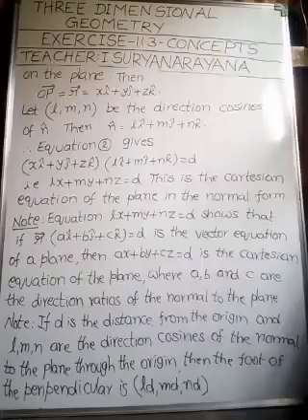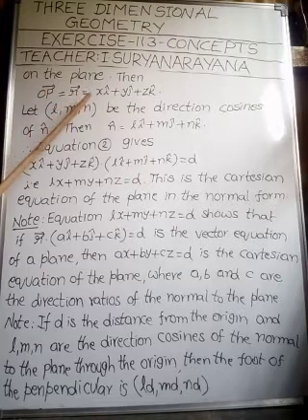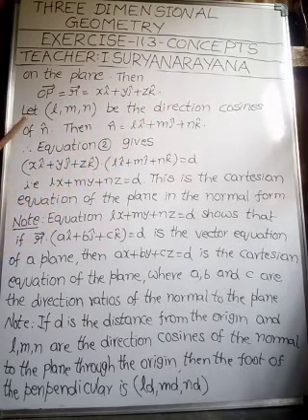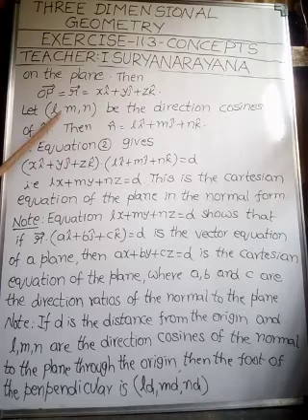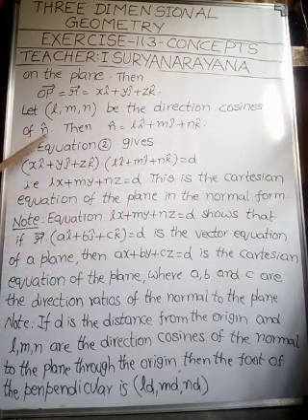Right. On the plane, then OP bar is equal to R bar is equal to x i cap plus y j cap plus z k cap. Okay, my children, understood this step? Right. Let the ordered triplet l, m, n be the direction cosines of N cap.